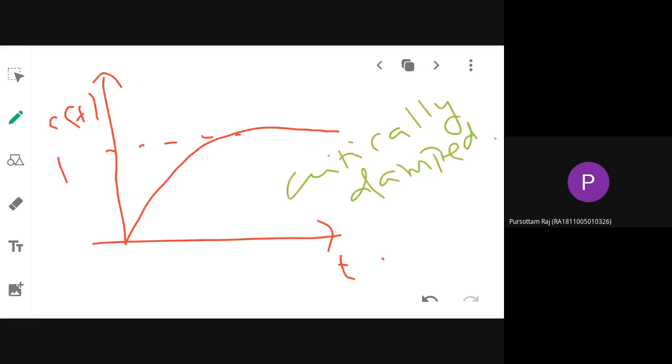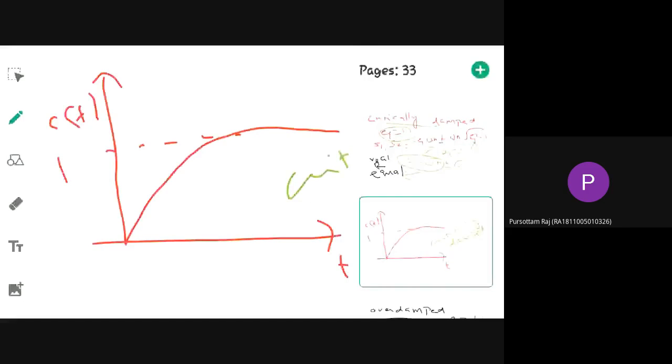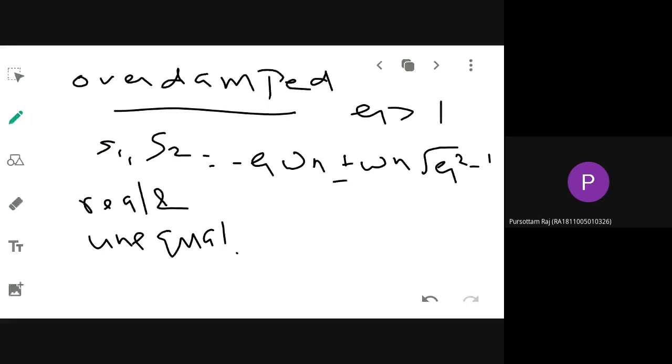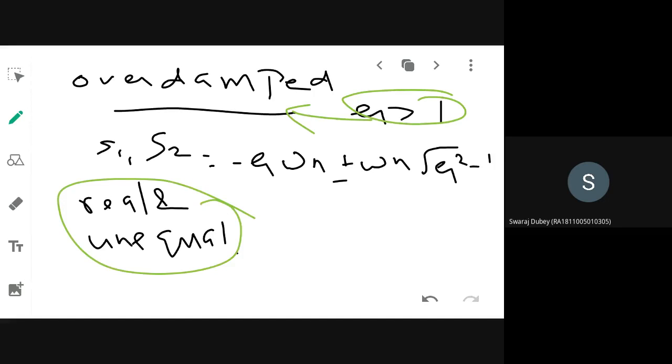What is the last case left out? The next case is overdamped. What will the zeta value be if it is overdamped? Greater than 1. More than 1 means the system is called overdamped. What will be the nature of the roots here? Using the same roots, they are not complex conjugate, but real and unequal.